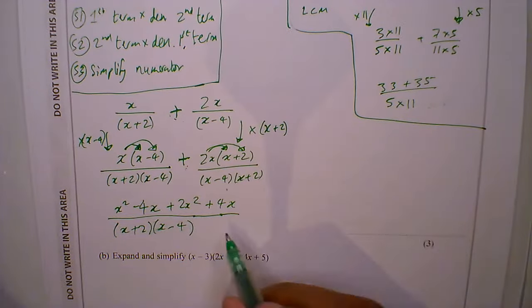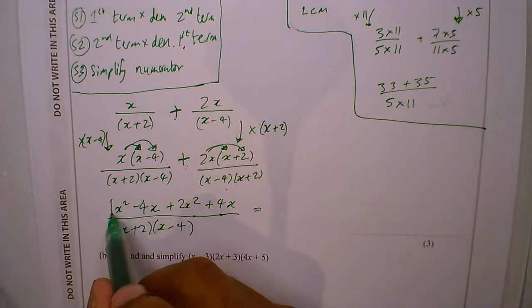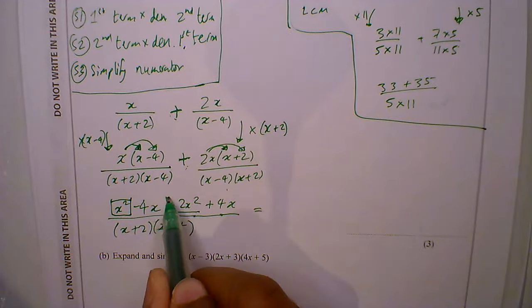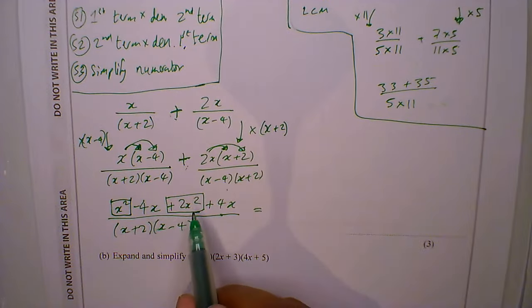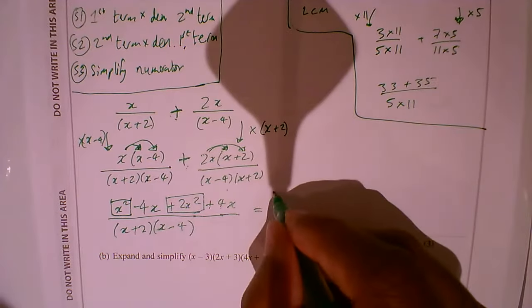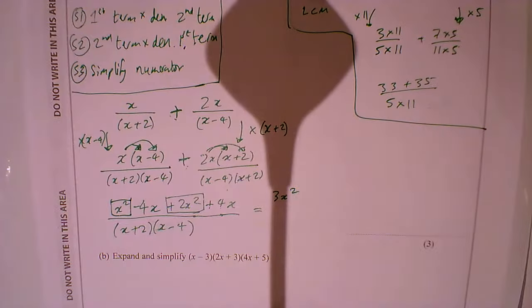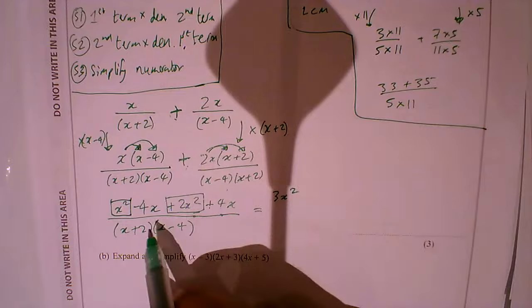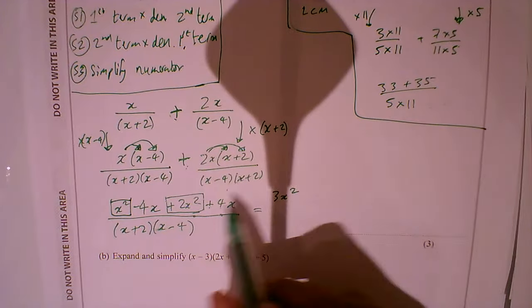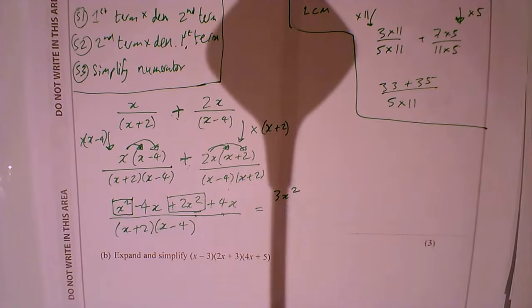Now I need to simplify my numerator. Step 3: x squared plus 2x squared is 3x squared. And then I've got minus 4x plus 4x, they cancel out, which is quite handy.